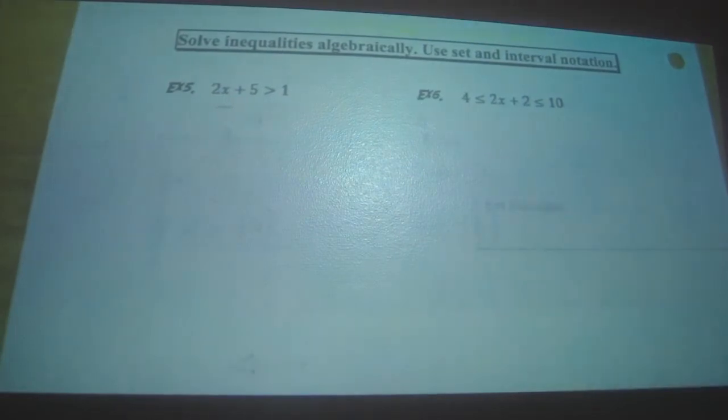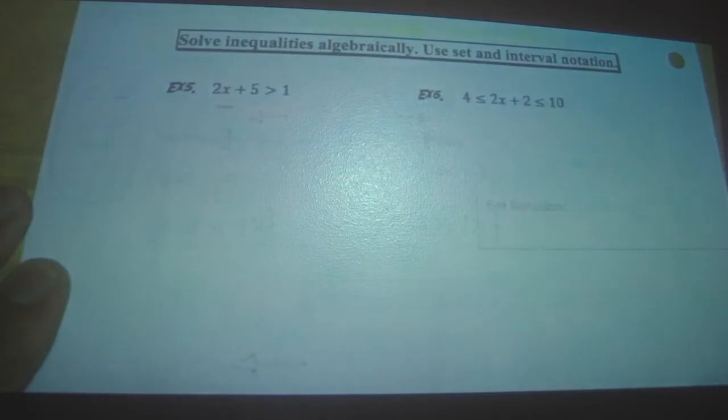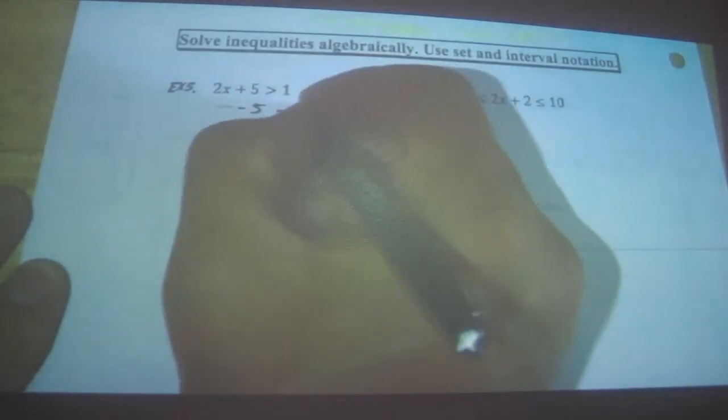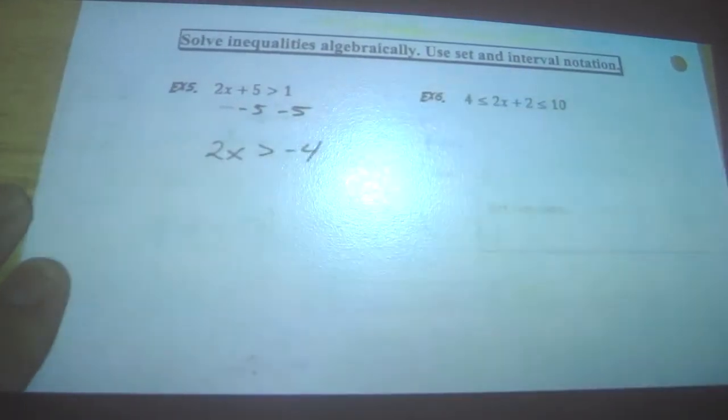All right, here we go. So now we're going to do a little algebra. All right, so I take a look. I got 2x plus 5 is greater than 1. We solve it just like we would normally do if that was an equal sign. First thing we would do, we would subtract that 5 over. We get 2x is greater than -4.